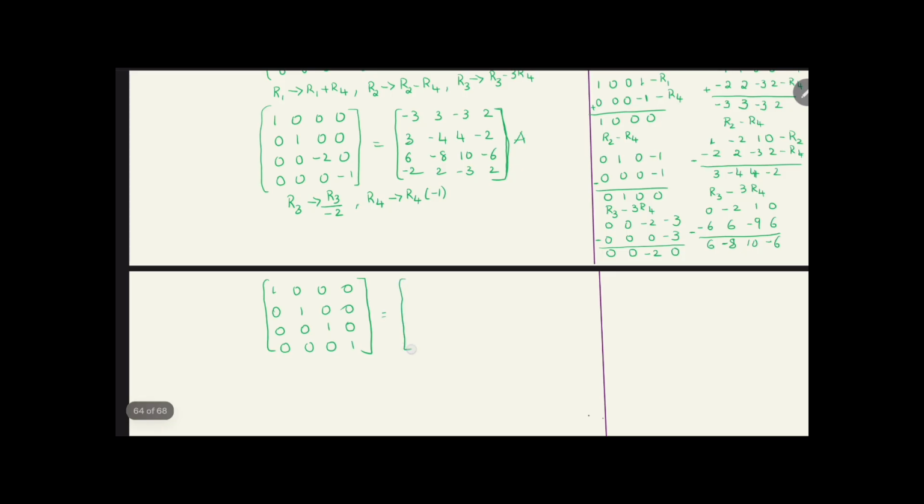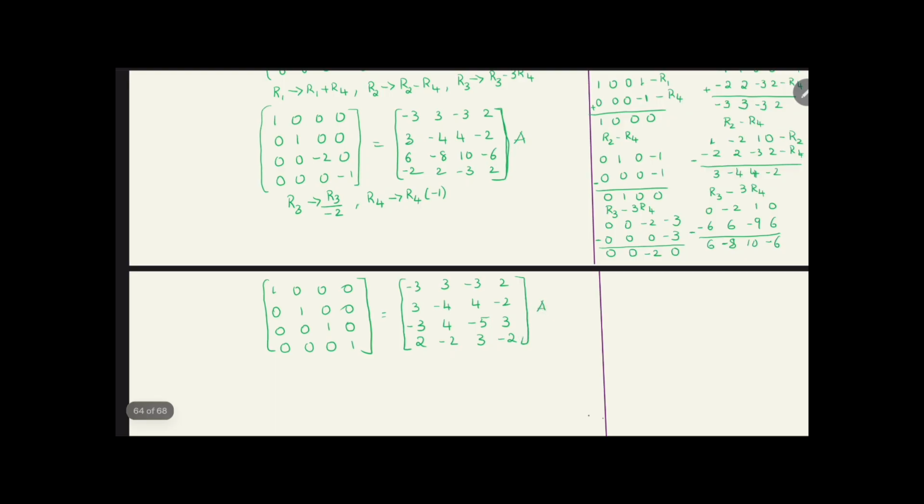So the first two rows remain the same, minus 3, 3, minus 3, 2, 3, minus 4, 4, minus 2, and I should divide R3 by minus 2. So 6 by minus 2, it is minus 3, it is 4, minus 5, and 3. Minus 6 by minus 2 is 3. And I should multiply fourth row with minus 1. So it becomes 2, minus 2, 3, and minus 2, into A.